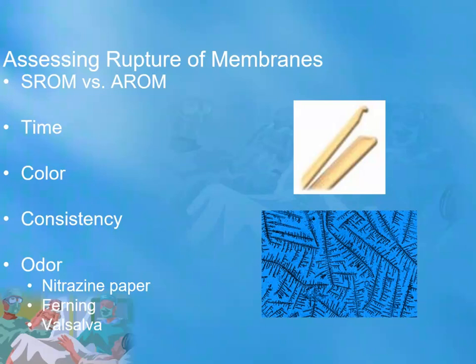It appears to have a ferning pattern, like a fern, the plant. So it looks like fern leaves under the microscope, and that would indicate that that truly is amniotic fluid and that the patient is probably ruptured. So there are different ways that we can do that. But these are all things that you would, again, document.